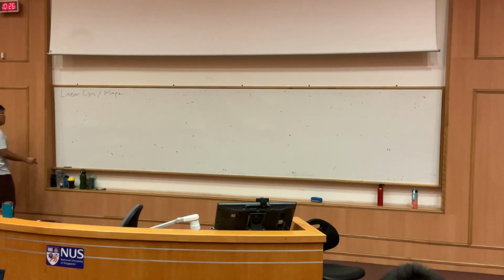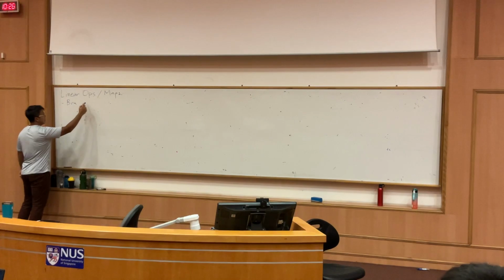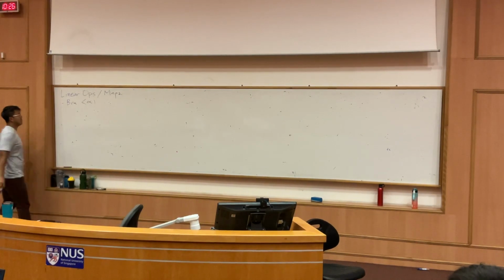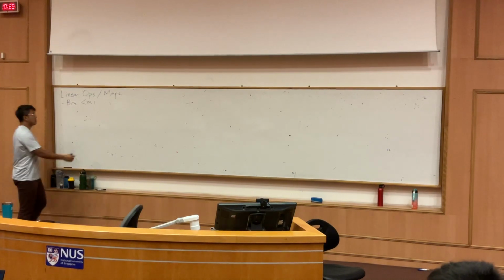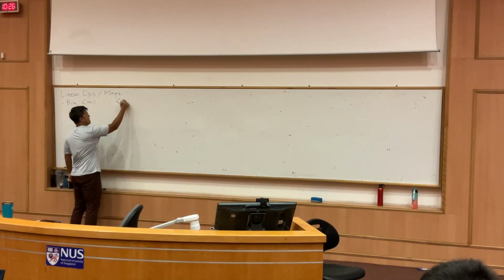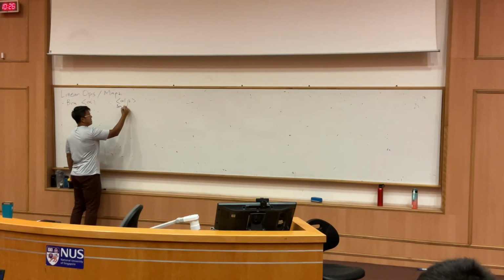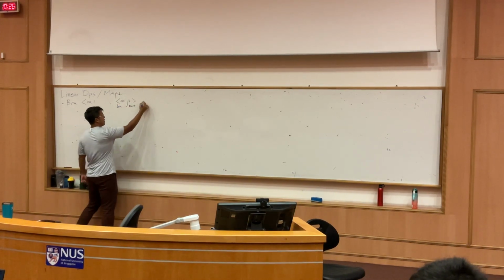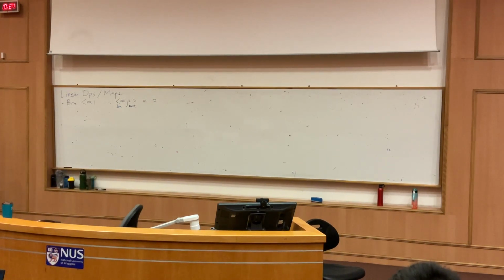So we learned one of them, which was the bra. This is recap. We learned what the bra was. So a bra, as the name suggests, always wants to eat some ket. So a bra wants to munch on a ket to form a number. Okay, so that's the purpose of a bra. This is a map. It's linear.